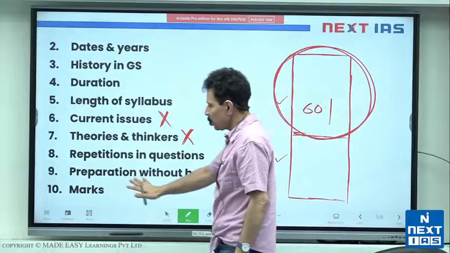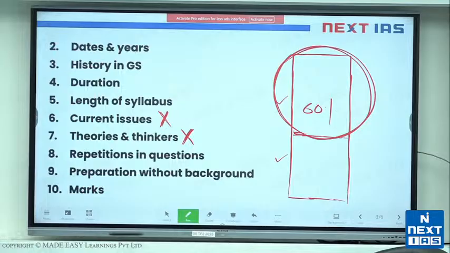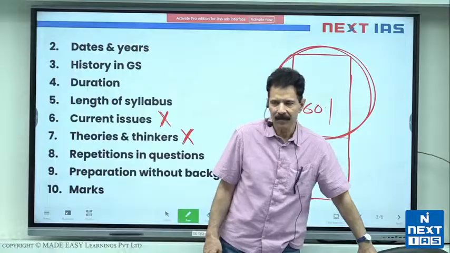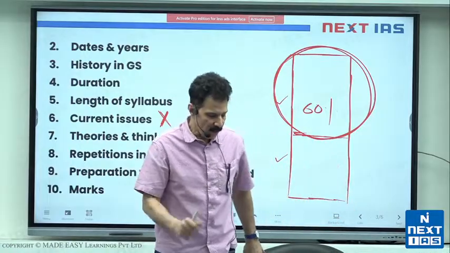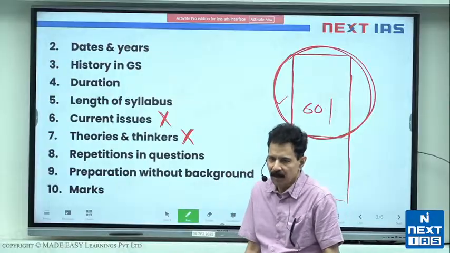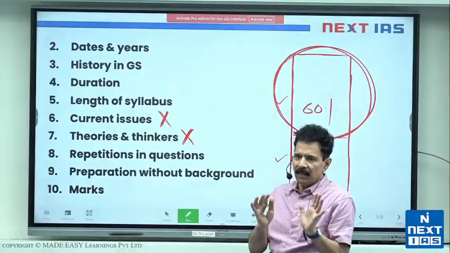And last is about the marks. This is also a very popular question. People normally ask, out of 500, what could be achieved? One simple answer is there.